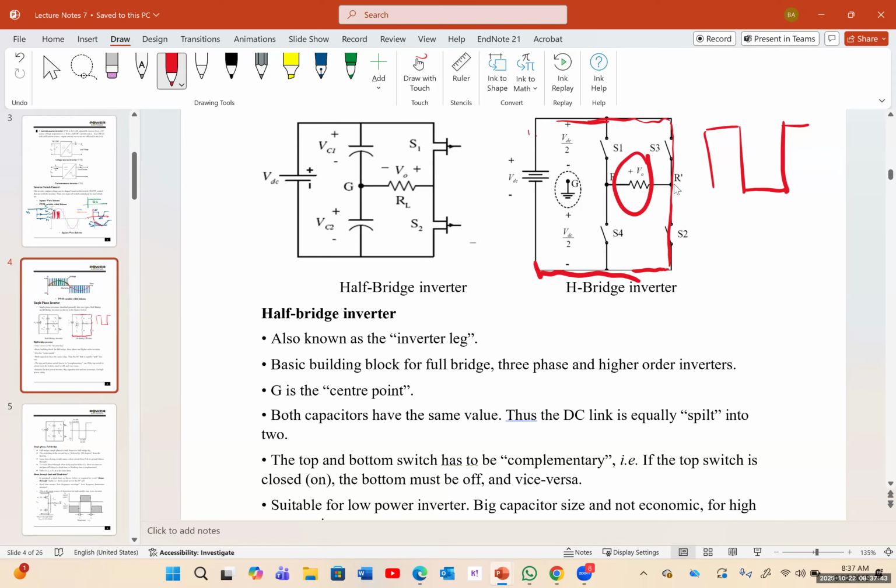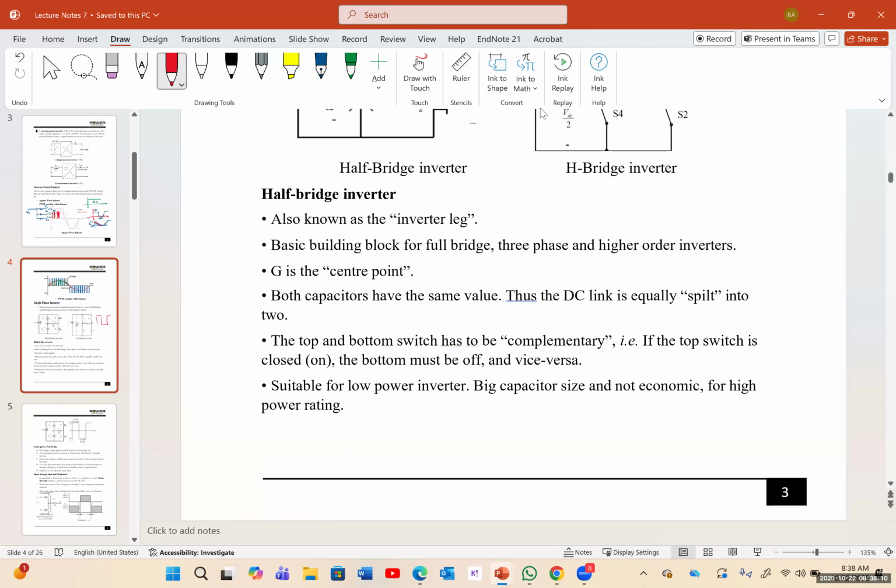It's going to bypass the load, and you're going to have a short circuit, which is going to destroy the source. Okay? And also, if S1 and S4 are connected, again, it's going to short circuit our system and destroy it. So for a full bridge, when S1 is turned on, S4 must be turned off, and S3. And also when S2 is turned on, S3 must be turned off. So we have to have a safety mechanism for that.